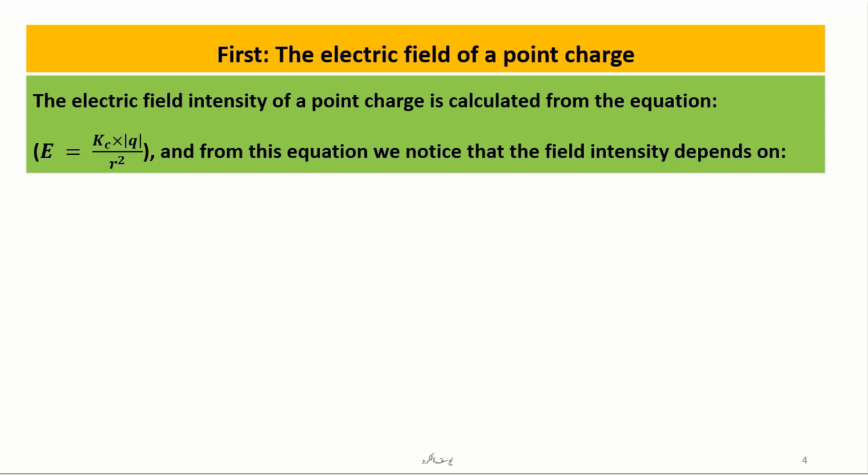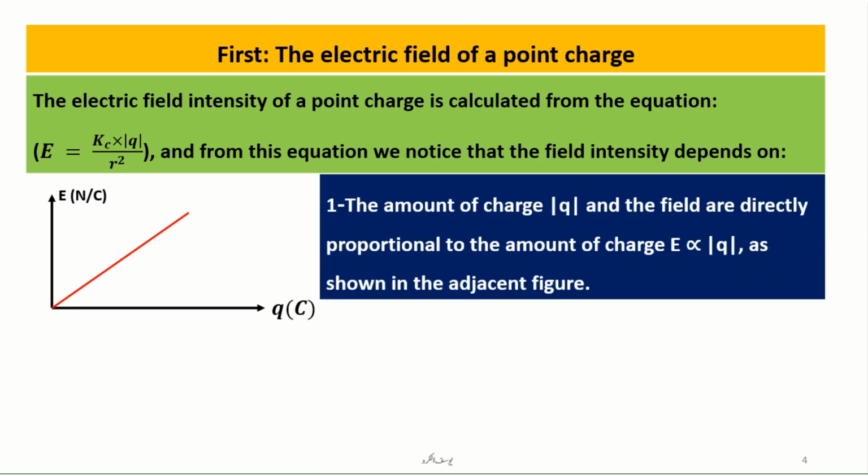R means the distance between the point and the surface of the spherical charge. And from this equation we notice that the field intensity depends on, first, the quantity of charge.